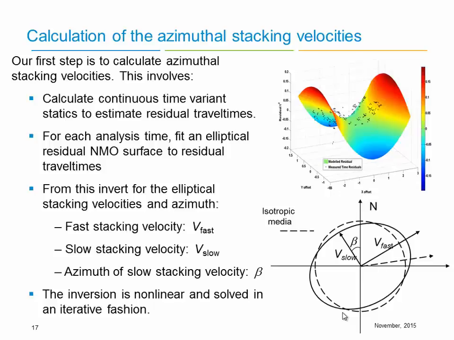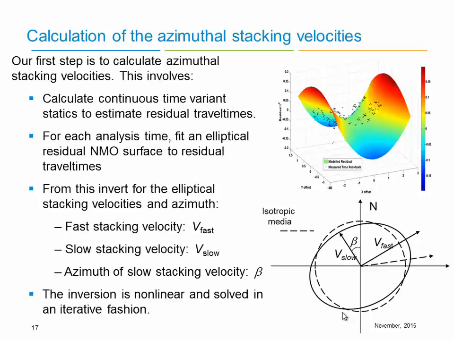So in practice, what we're actually doing when we do our azimuthal travel time analysis is we're going to go ahead and calculate the residual travel times at the zone of interest. We do this by just calculating the time variant trim statics and recording the values. And we can plot these as a function of offset and azimuth, and you'll get this sort of saddle-like feature here.